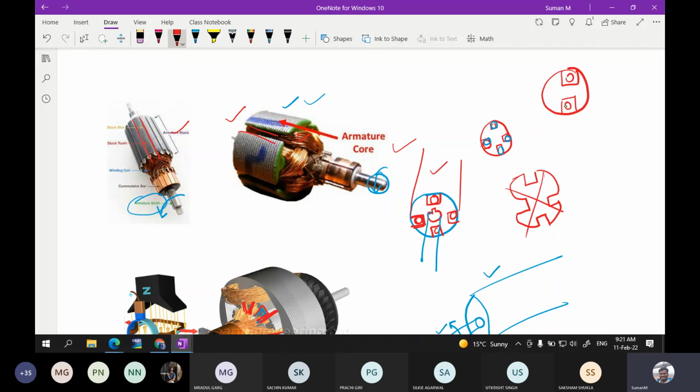You have cut this part, inserted the conductor, and closed it. You cut this part in the cylindrical structure, then inserted the conductor, and after inserting it you closed that part. Similarly, here you cut this cylindrical structure in this manner, then insert the conductor, and after you insert it, you close it. Why you are closing it is so that, during rotation, this conductor should not come out.